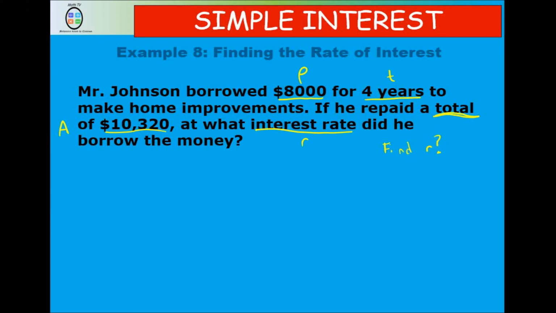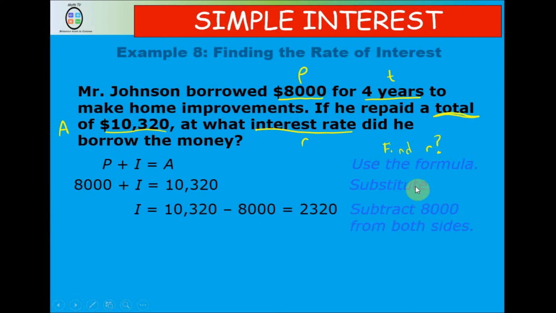So to find R, first thing we have to do is, since they give us the total, what do we know about the total? What we do know about the total is principal plus interest. So we can use that to find the interest by transposing: 8,000 plus I equal 10,320. So what number plus 8,000 give us this amount?